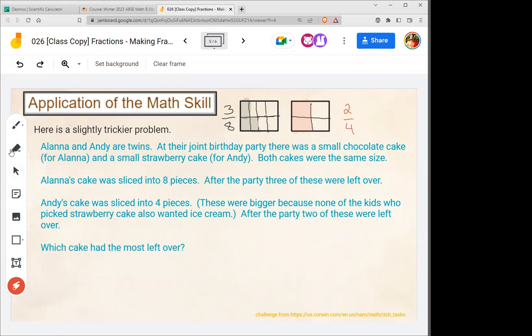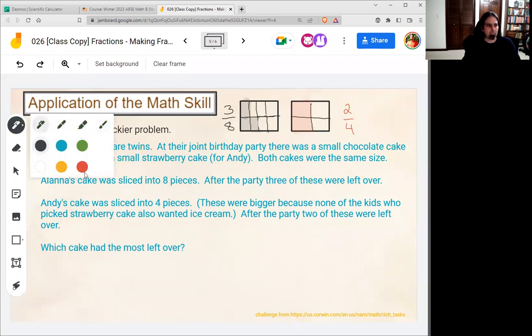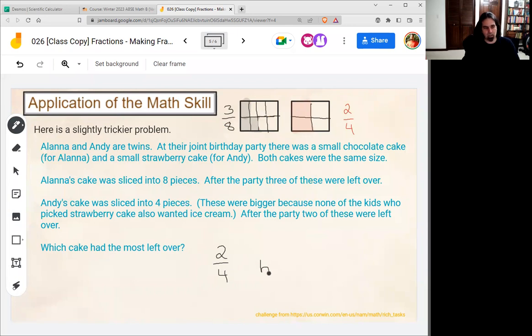So this little bit, how much is that? That's 1/8. So 3/8 is smaller by 1/8 compared to 2/4, or 3/8 plus 1/8 is also 2/4. But yes, you are correct. The 2/4 has more left over.